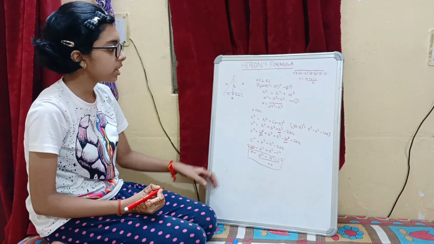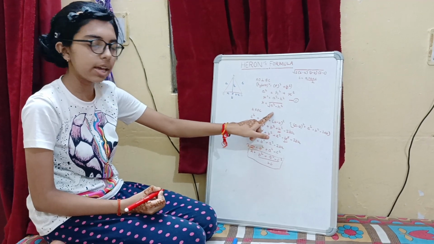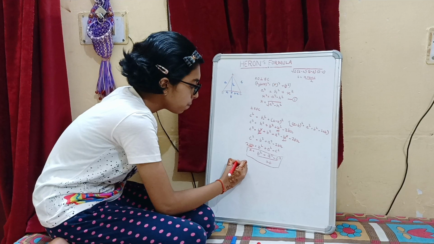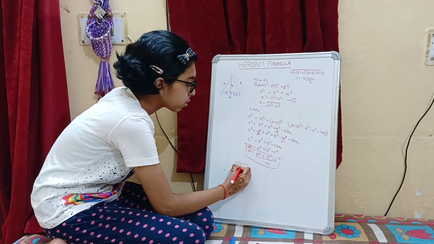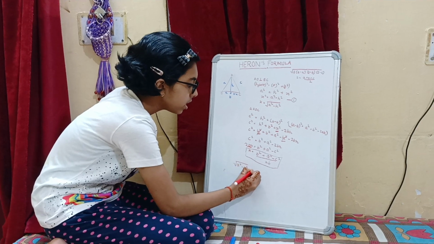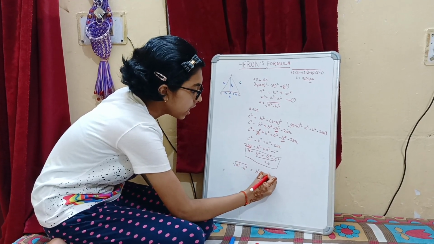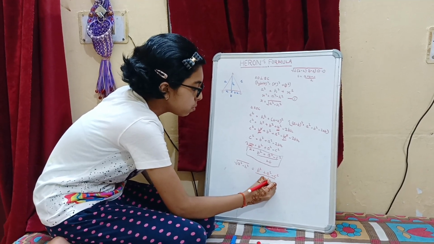Now moving to next, x is from equation 1, we will put the value of x, that is root a square minus h square. So putting the value from equation 1, that is root a square minus h square is equal to b square plus a square minus c square upon 2b.